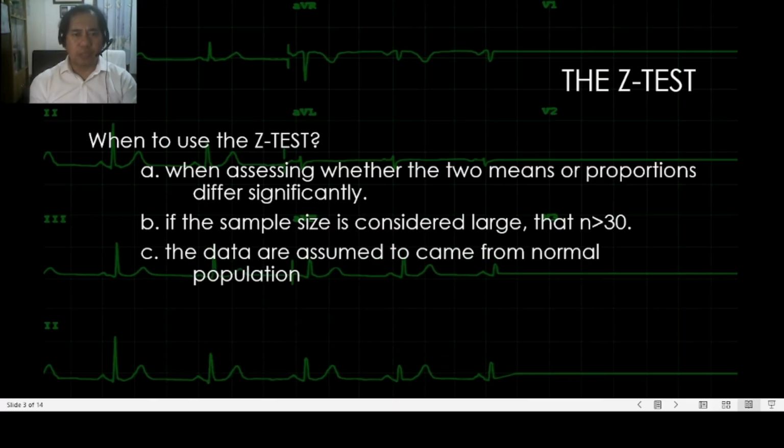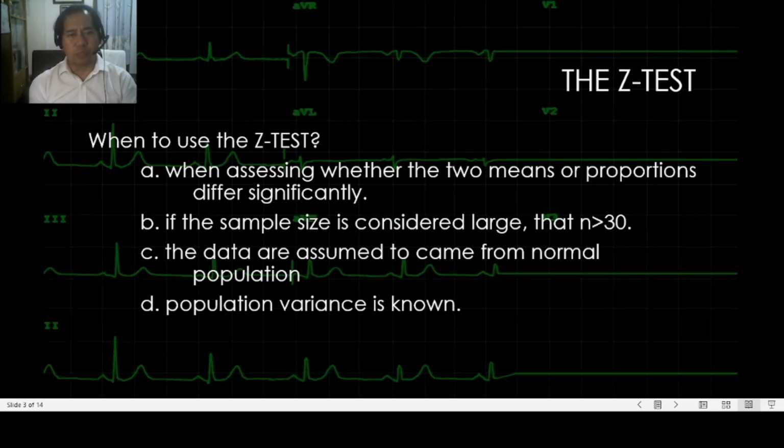Another one, the data are assumed to come from a normal population, or the population is presumed to be normal. And the last one would be the population variance is known.